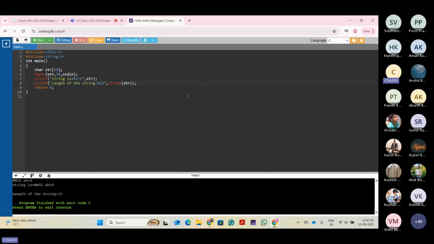So now it works. The error was because we were using integers, but the strlen function returns an unsigned integer as well as long integers. So %ld.